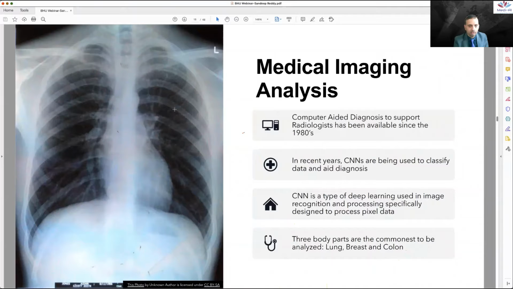In the case of AI, we're starting to use something called convolutional neural networks, which is a form of deep learning, very good at interpreting pixel-based data. That has shown a lot of promise in identifying abnormalities, whether in X-rays, histopathological slides, or MRI scans.